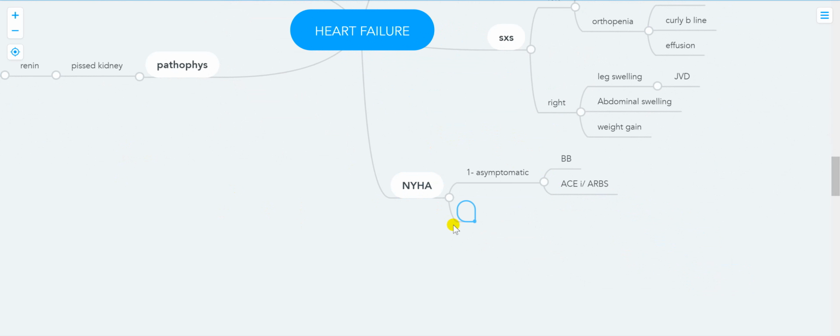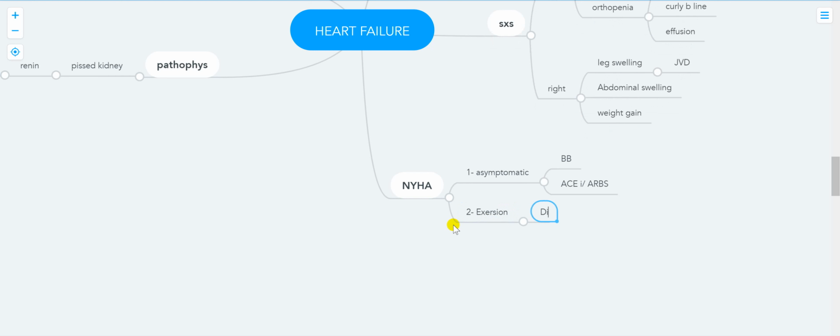Now class 2, symptoms with exertion. What do you add? Apart from the above two drugs, we can add a diuretic. And we can also add spironolactone.